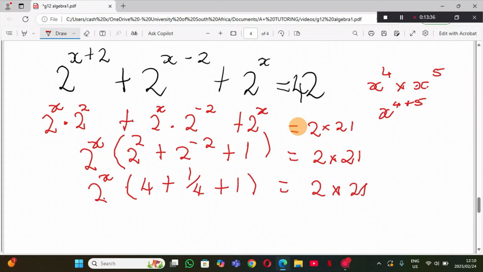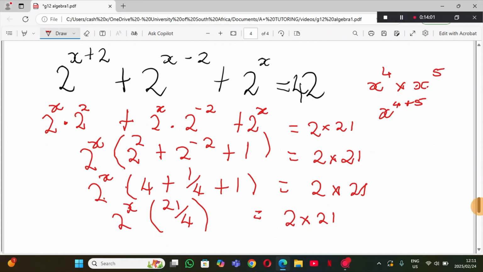Now let's add 4 plus 1 over 4 plus 1, and that will give us 21 over 4. So we now have 2 to the power of x into 21 over 4, right, is equal to 2 times 21, right? So now I want to get rid of this because I only want to remain with 2 to the power of x.